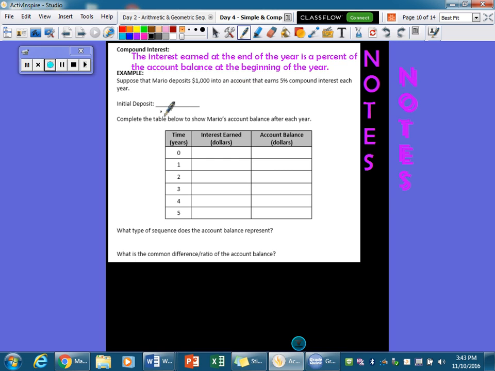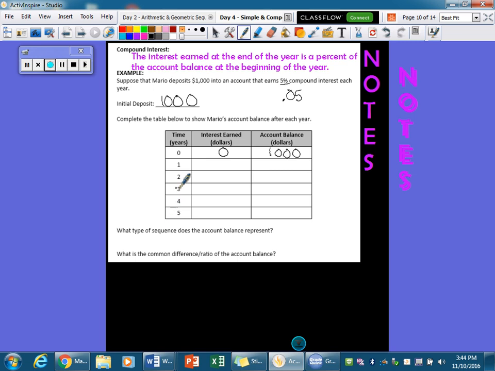So again, now Mario deposits 1,000, so our initial deposit is 1,000. And he earns 5%, so remember that's 0.05, compounded each year, okay? Now the same initial amount is always going to occur. You don't earn any interest if you don't keep it in there for a year. So we have 0 and we have 1,000.